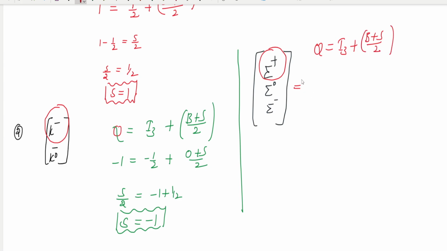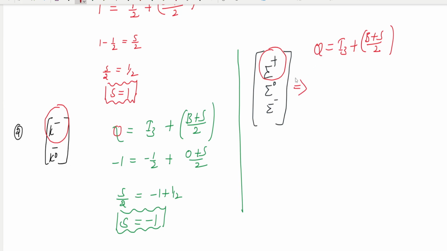This is a simple thing. For that you need to first find I3, so you need to know the isospin values, right? Whenever you want to check these numbers, you need to first find charge, lepton number, baryon number, hypercharge, and isospin I3 component. Then you can arrange this thing and get the correct answer.